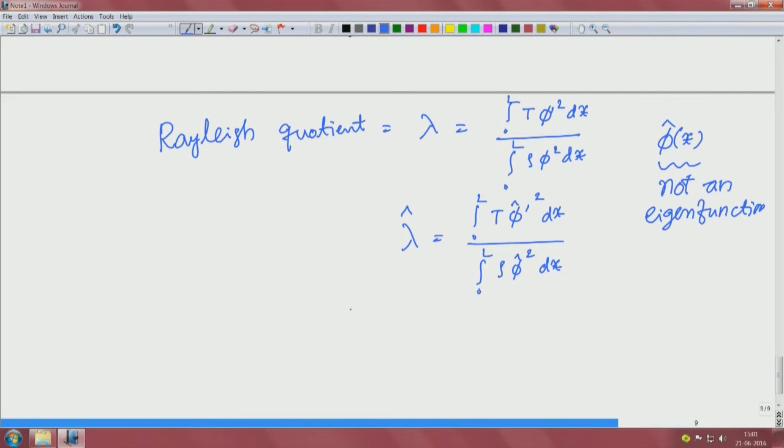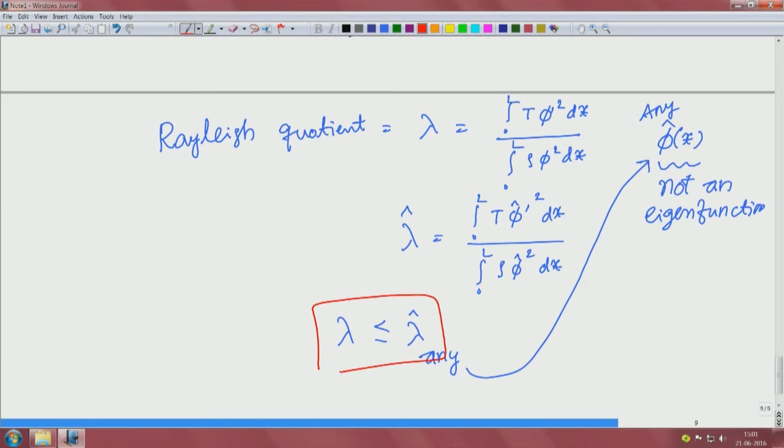But what we find is that for any phi that you take, this lambda is going to be less than or equal to lambda hat. Meaning, for any phi hat function you take, this will hold good. That is the minimum characterization of the eigenvalue problems.